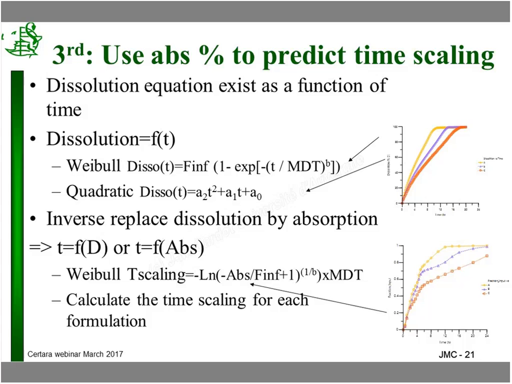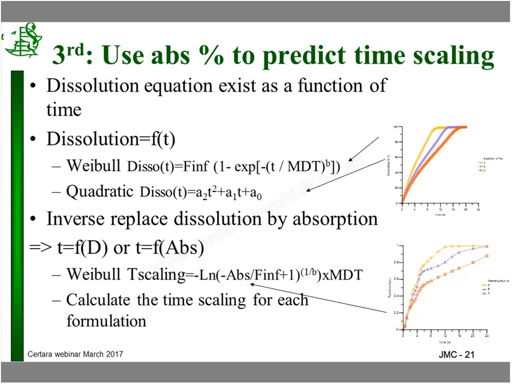So what I am going to have here is all the times in vitro calculated, which are going to give me the same percent dissolved in vitro as what I had observed as a percent absorbed in vivo.